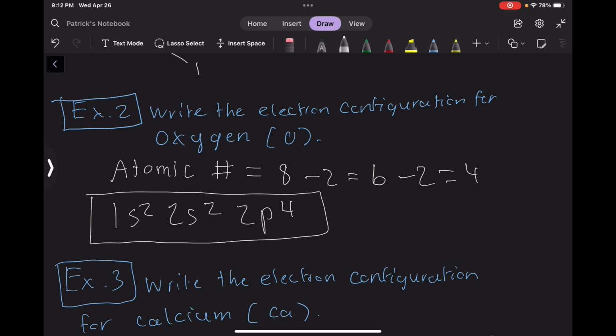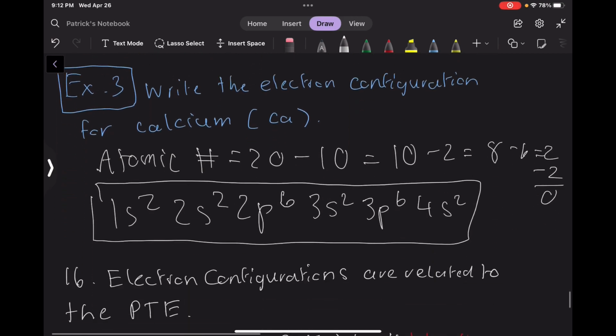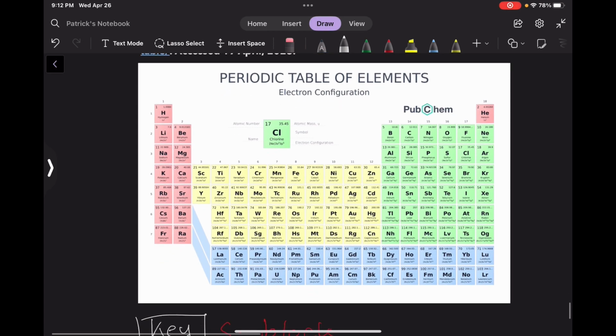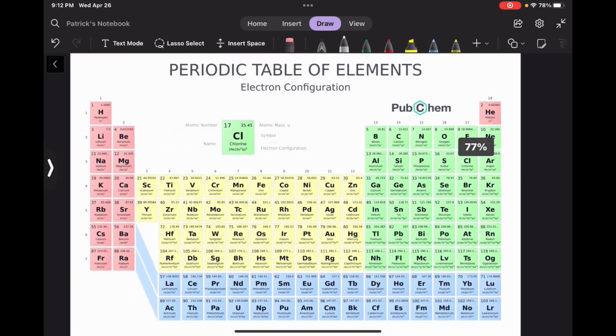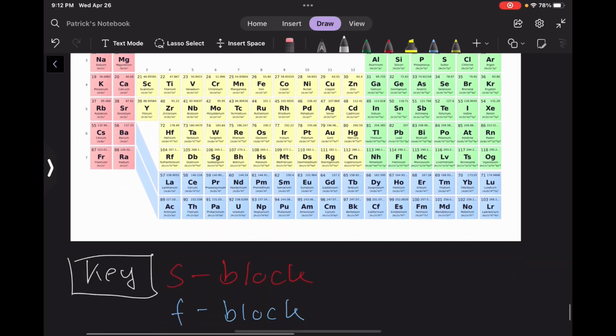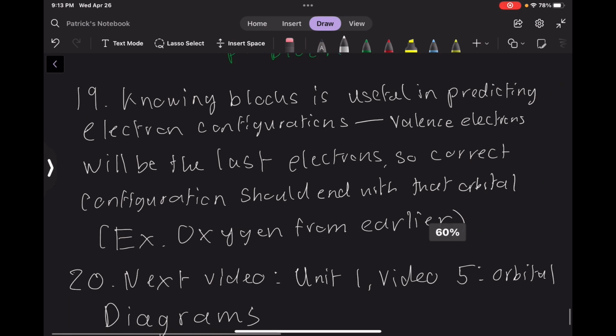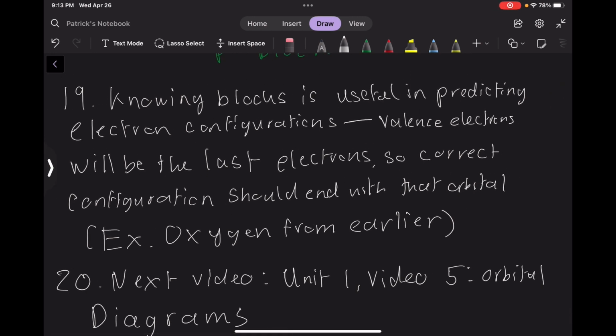We'll want to remember the 2p subshell because if we scroll back down to our periodic table, give me one moment here, we will see that oxygen is colored in green. And green is a color of elements in the p block. Because the letter of the block and the letter of the rightmost subshell match, we know that we've stopped the configuration at the right term.